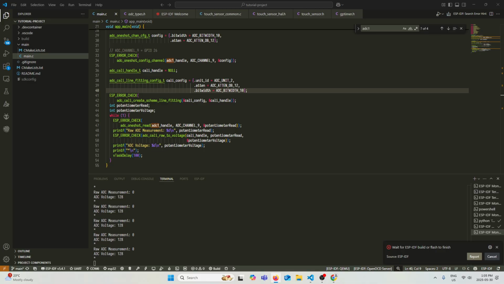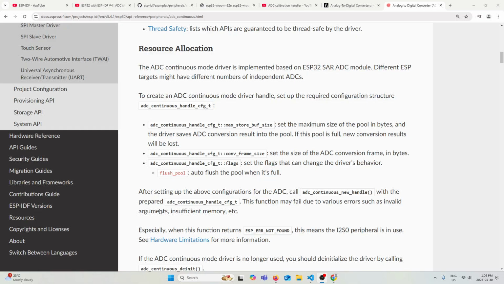Let me read the documentation a little bit further real quick. Okay. So you've got the maximum buffer size.